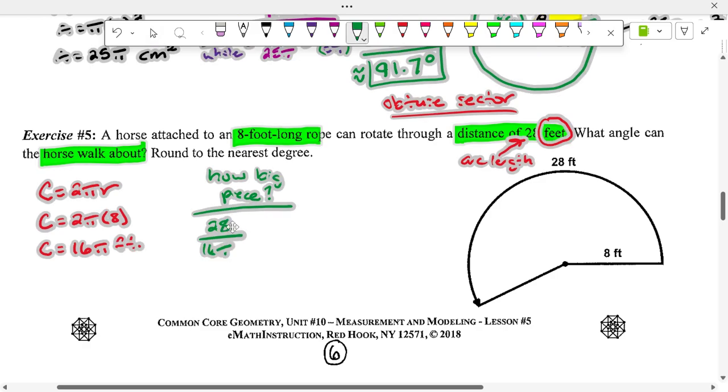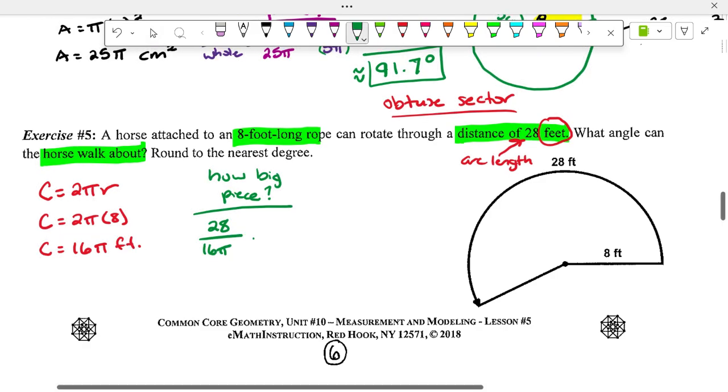You could just put that in your calculator if you want. I'm just going to simplify it down. Actually, you don't even have to simplify it. That's how big the piece is. It doesn't matter how you write it, just as long as you get the piece over the whole, you don't have to simplify it.